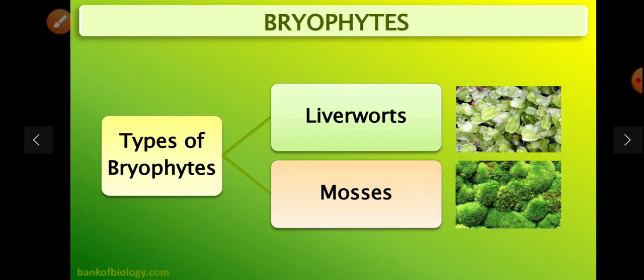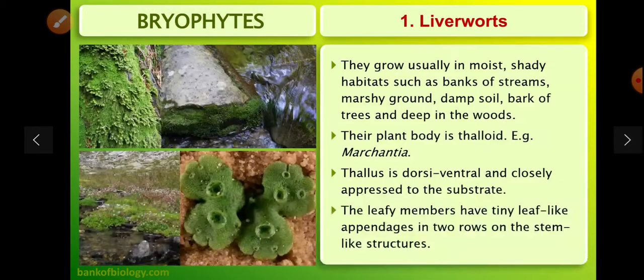Bryophytes are divided into two types: liverworts and mosses. First, we study about liverworts. They grow usually in moist, shady habitats such as banks of streams, marshy ground, damp soil, bark of trees, and deep in the woods. The plant body is thalloid.